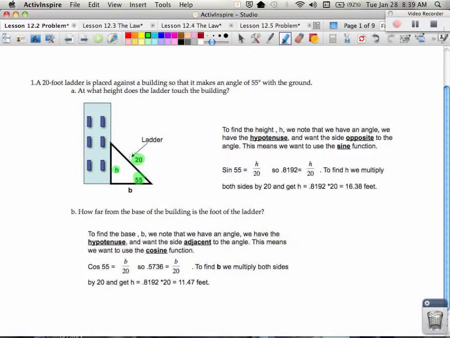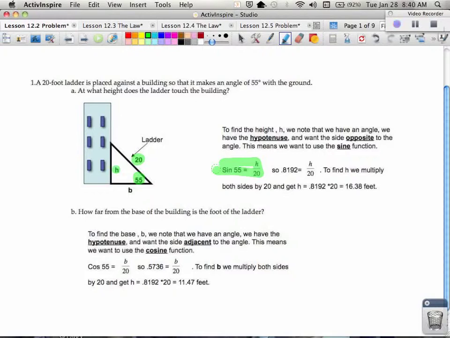What this means is that I set up an equation based on those green highlights, and since I have an angle, the opposite, and the hypotenuse, I know that means I use sine. So the sine of 55 degrees is equal to h over 20. That's this equation set up over here highlighted in green.